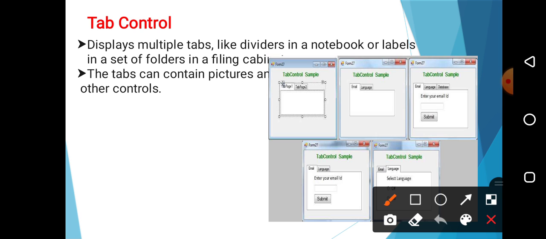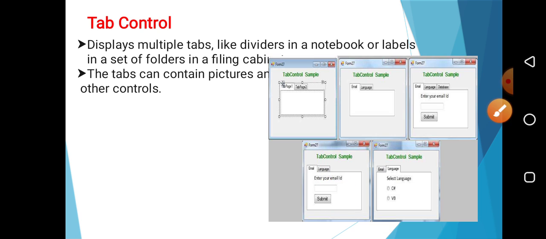Like here, suppose I am selecting this tab email, it will ask me to enter your email id and submit. And suppose I am selecting the tab called language, it will display select the language.